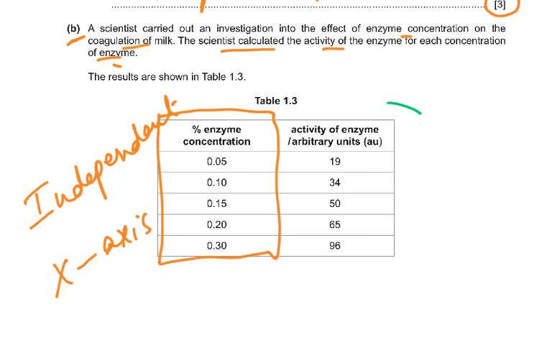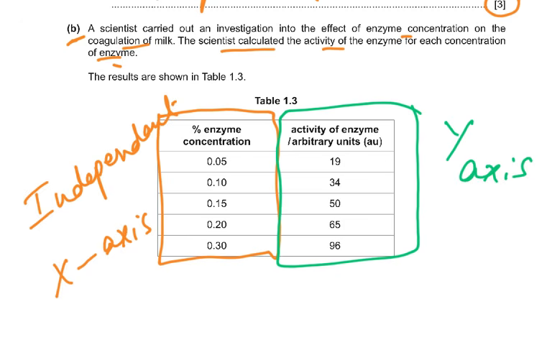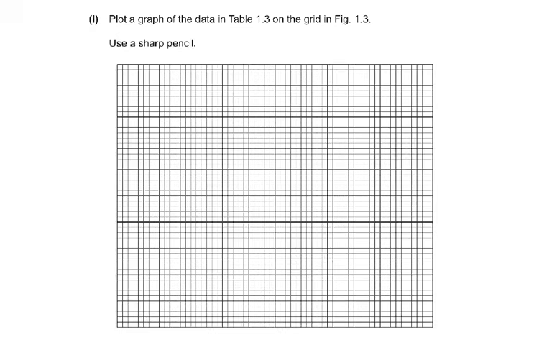So it becomes easy. The rest go on to the y-axis. You have to write the whole thing, activity of enzyme slash arbitrary units bracket AU, and you have to write the whole thing for the percentage enzyme concentration on the x-axis. Do not write any abbreviations. Do not miss out the units. If you miss out the units, you lose a mark.